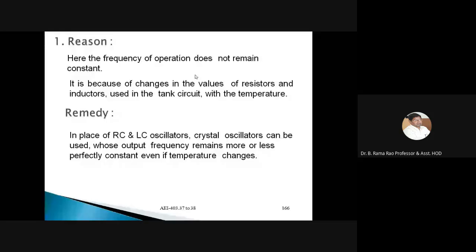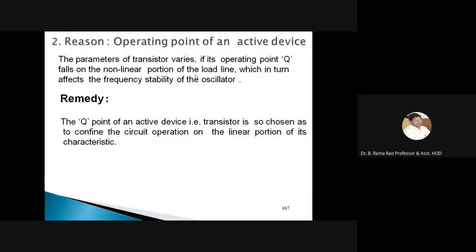The second reason is the operating point of an active device. Every oscillator circuit consists of an amplifier, so maintaining a constant operating point is a very important task. The operating point of the active device, simply the transistor, is very important. The parameters of the transistor vary with the Q point. Q point means ICQ and VCEQ.